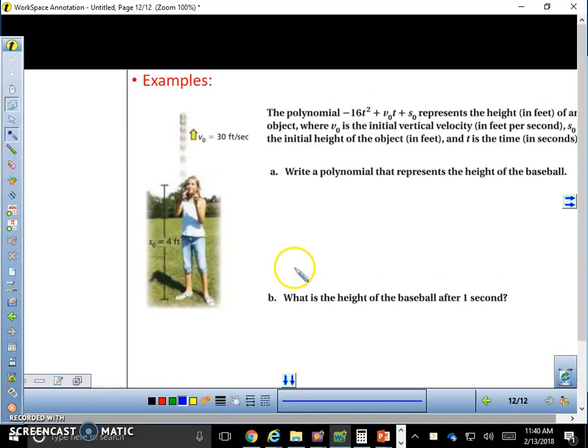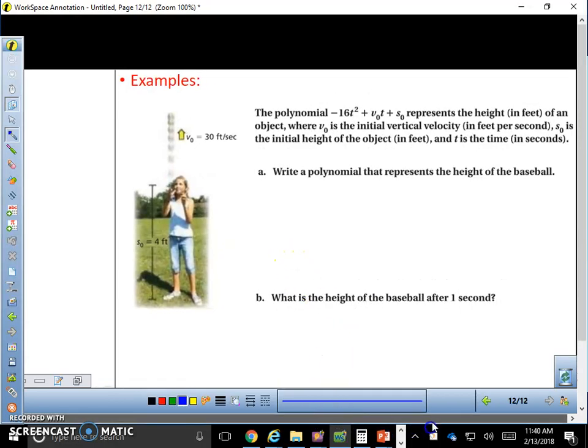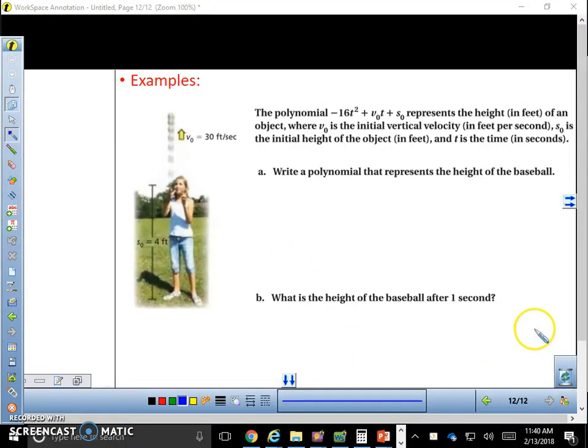And let's take a look at when we are solving a problem using polynomials. The polynomial represents the height in feet of an object where v sub 0 is the initial vertical velocity in feet per second. S sub 0 is the initial height of the object in feet, and t is time. Write a polynomial that represents the height of the baseball.